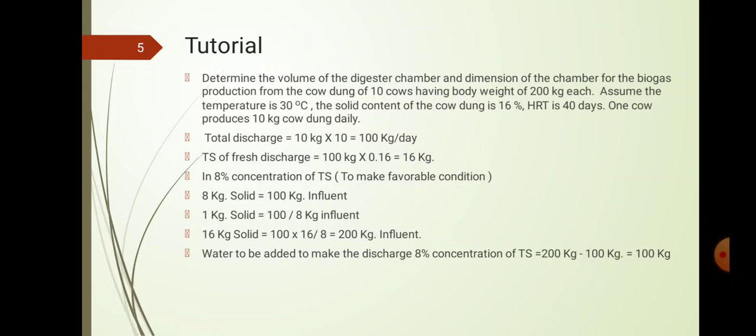We want 8% solid concentration for the digester to operate, so we have to add water or liquid. How much? 100 kilogram more. So the final input to the digester will be 200 kilogram with 16 kilogram solid, so that the total percentage is 8%. That we have to consider.